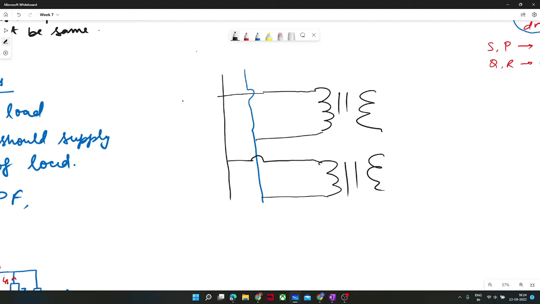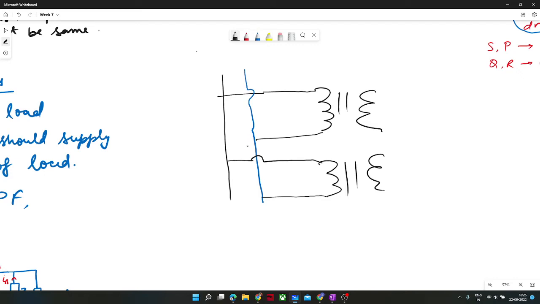The purpose of a transformer is not to supply current to each other. It will create additional losses, and there is no point in using one transformer to feed the other. The purpose of a transformer is to supply power to the load, right?